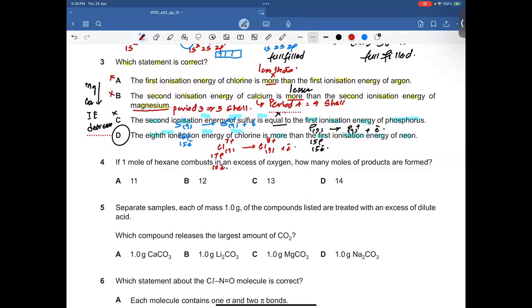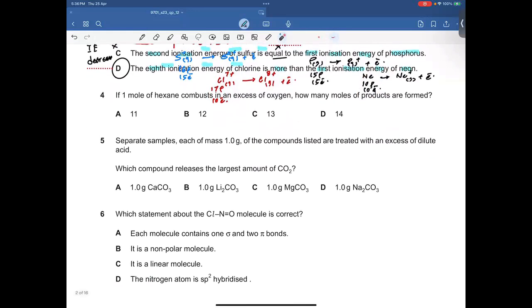Whereas in neon, this is the first ionization energy of neon. It has 10 protons and 10 electrons, right? So it has 10 protons and 10 electrons, whereas this has 17 protons and 10 electrons, which means over here, the nuclear charge or nucleus to valence electron attraction is stronger as compared to this one, which is why the 8th ionization energy of chlorine is greater than that of neon, because electron removal from this ion is extremely difficult. So we need more amount of energy. I hope it makes sense to you.